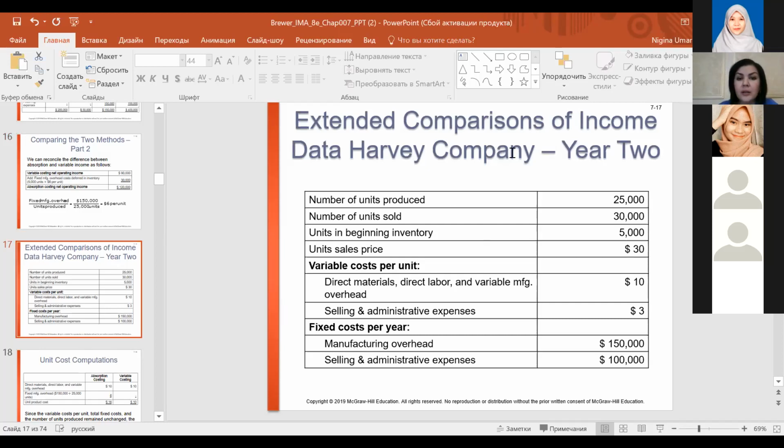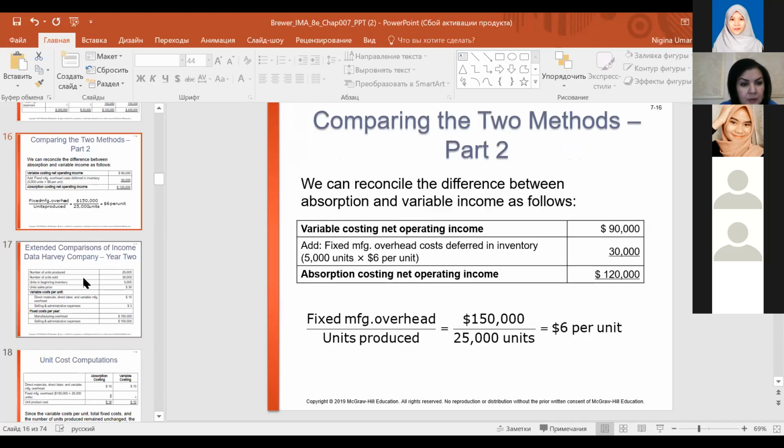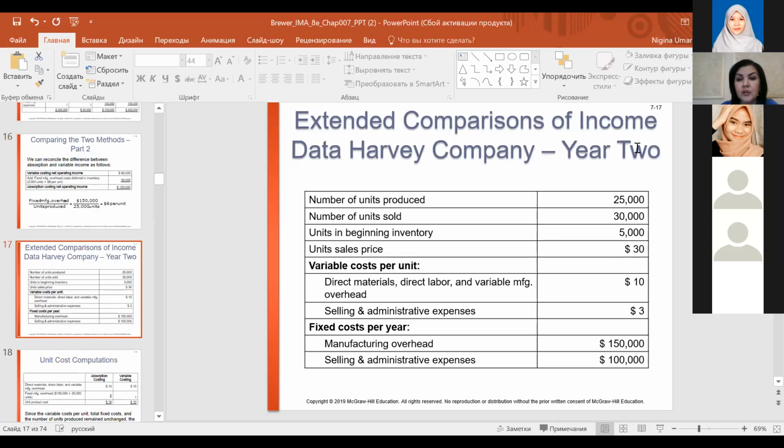Okay, so extended comparisons of income. So number of units produced, you see that number of units produced. Okay, we will have now year 2. So for year 2, now we have been given the following data. Number of units produced 25,000. Number of units sold 30,000. How can it be 30,000 if the company only produced 25,000?